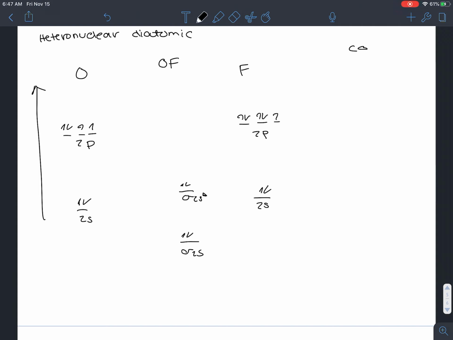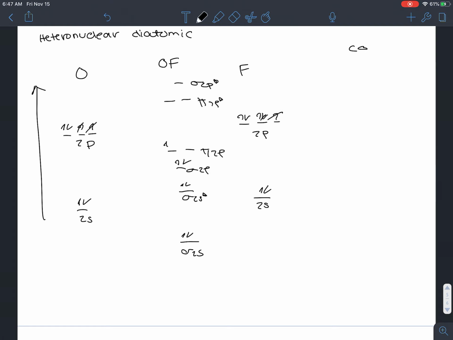What I want to say is if you had something like CO, it's more of a mathematical representation, but for the purposes of our book, we look at the more electronegative element going towards the lower energy, more stable. So that orientation will come first. So for OF, we will have our sigma 2p, then pi 2p, then pi 2p star, and sigma 2p star.